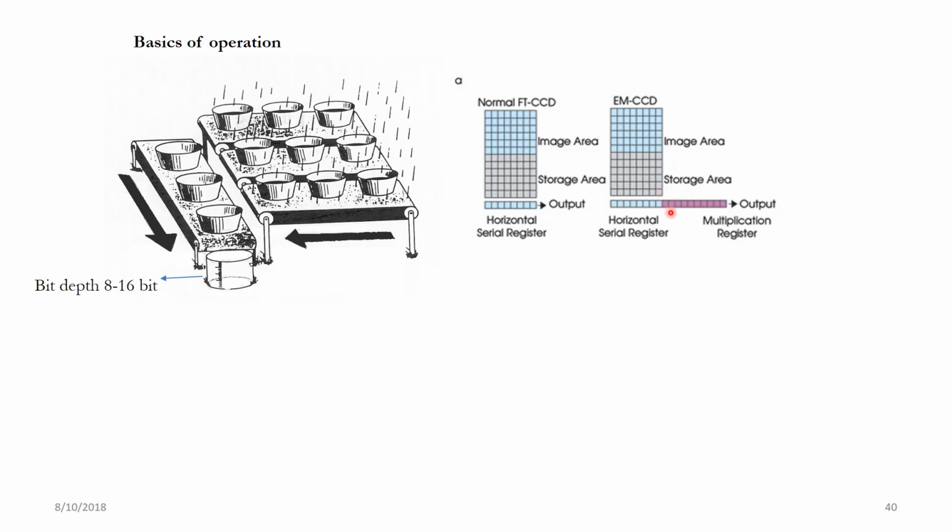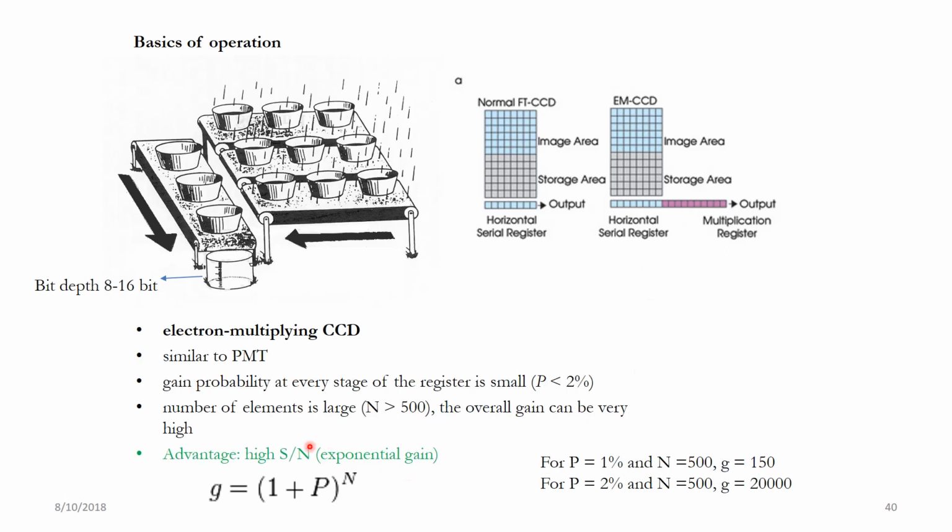You have a serial register here which can actually amplify the signal in this form, so that even if at each stage the multiplication is like 1% or 2%, because there are so many stages, the multiplication can be really large, and that way the EMCCD is capable of detecting even a single photon.